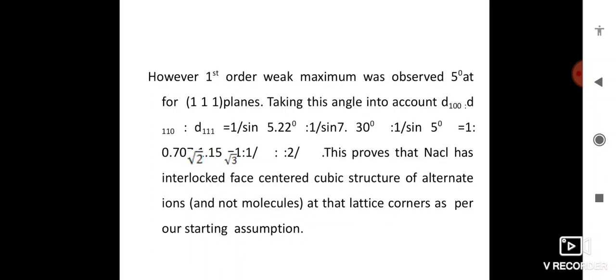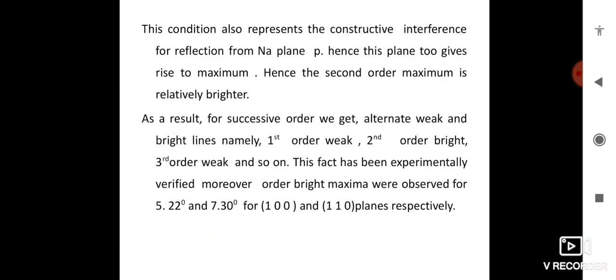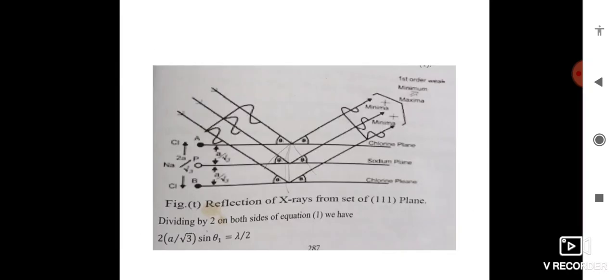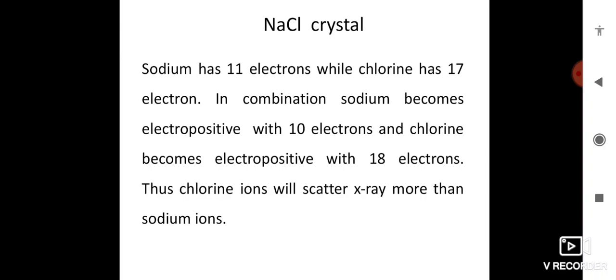This proves that NaCl has an interlocked face centered cubic structure of alternate ions at the lattice corners as per our starting assumption. This structure is almost similar to the KCl crystal.